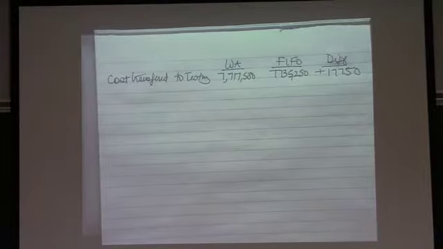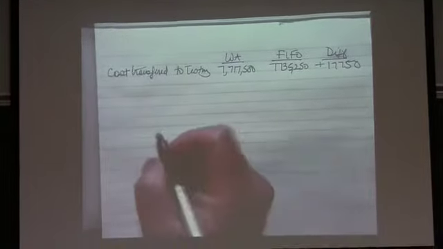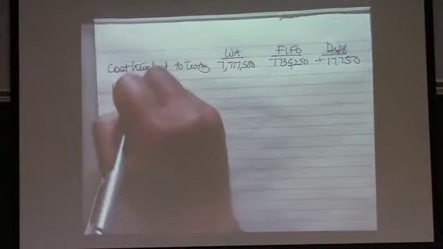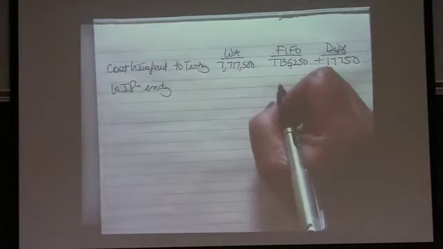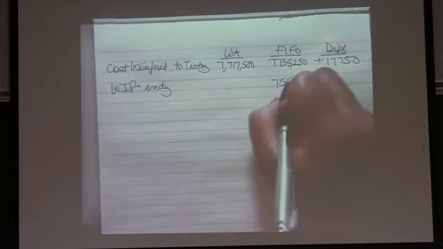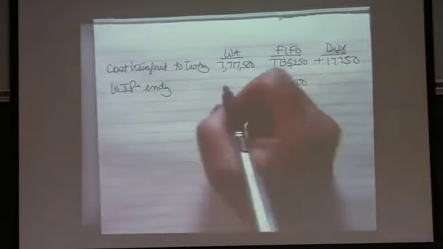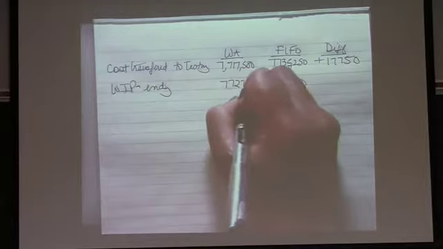Now how do I know that? Well, I'll show you that in a minute. The work in progress ending, we saw that this was 755,000 and this is 772,750.